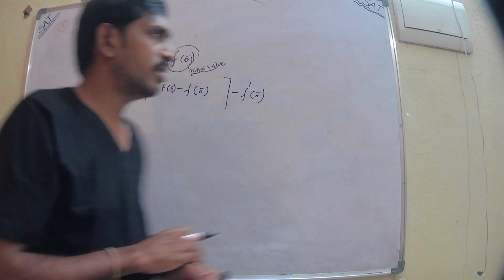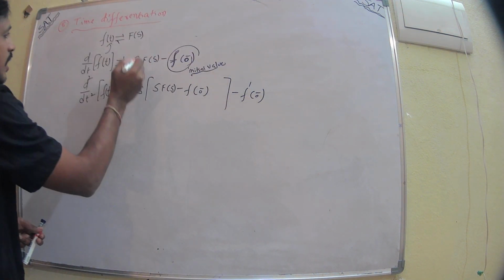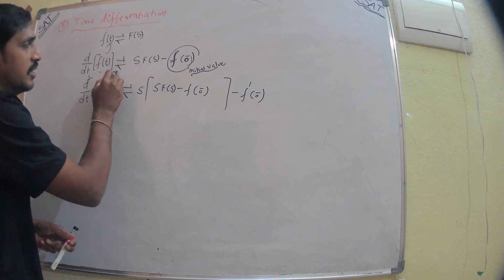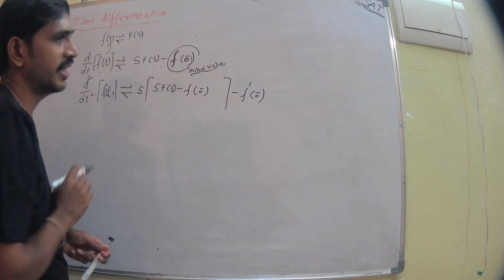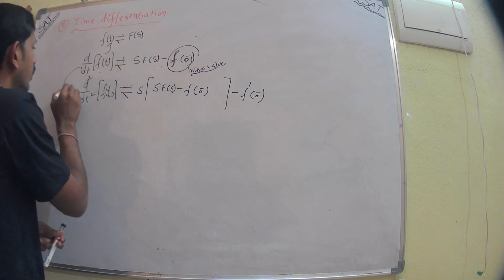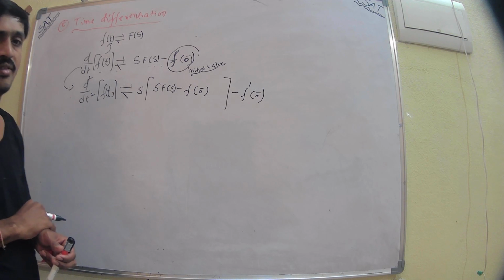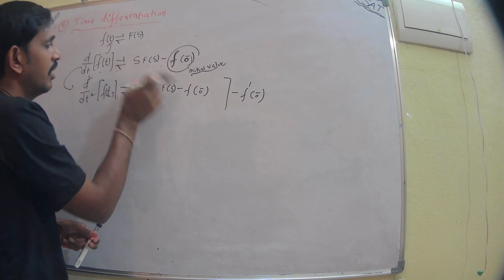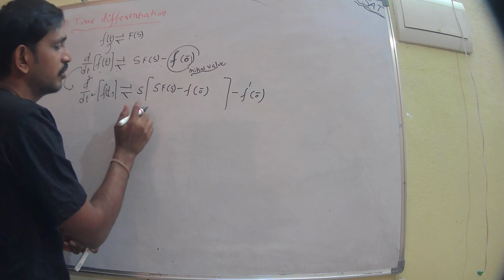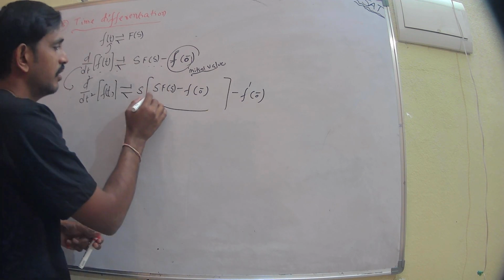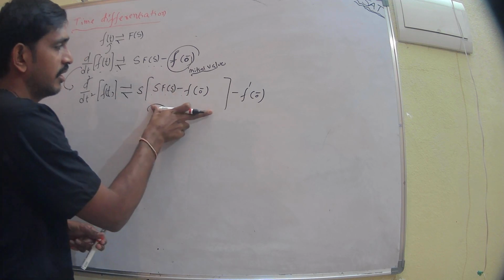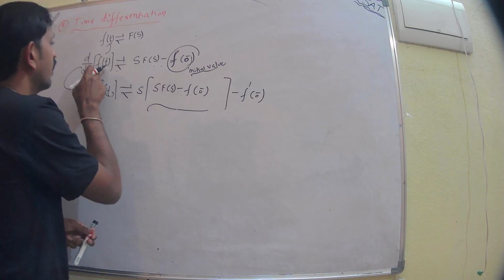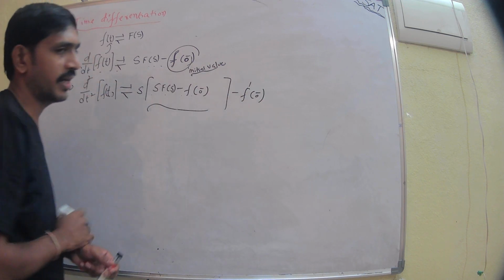According to the time differentiation property, d by dt of f of t gives the Laplace transform s into F of s minus f of 0 minus. Then if you take one more derivative, the second order derivative of f of t, that is s into the total function, s into F of s minus f of 0 minus, minus the initial value of the derivative d by dt of f of t, that is f dash of 0 minus.